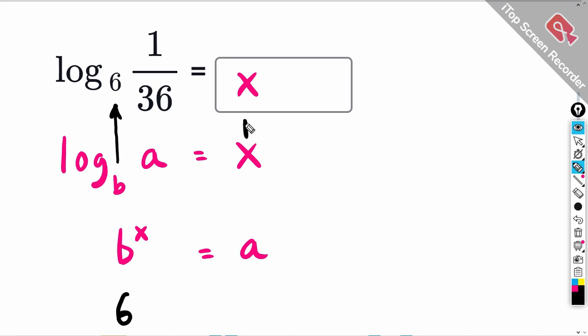x is what we're looking for. We don't know x. And the argument a, that's what we are taking the log of. So we can clearly see that a is 1 over 36. Now we want to get matching bases on both sides of this equation.